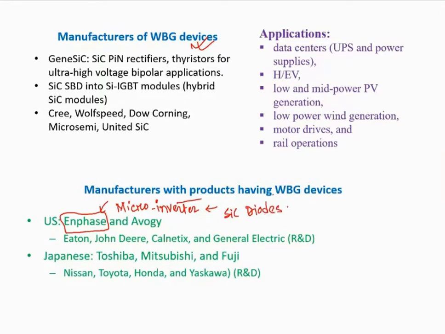Because until you develop these kinds of devices at mass scale, their cost cannot come down. So Enphase was the company. By the way, the microinverter is solar to electricity grid.